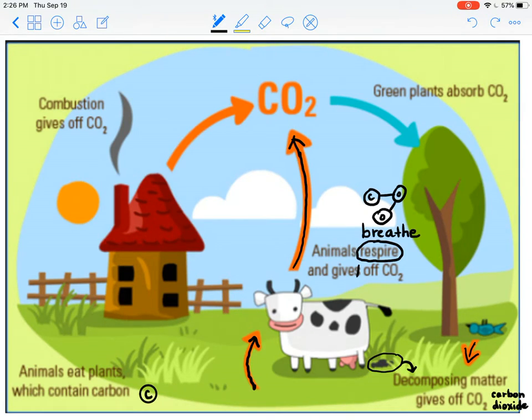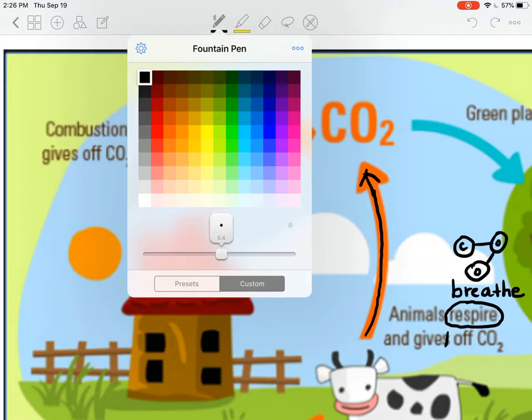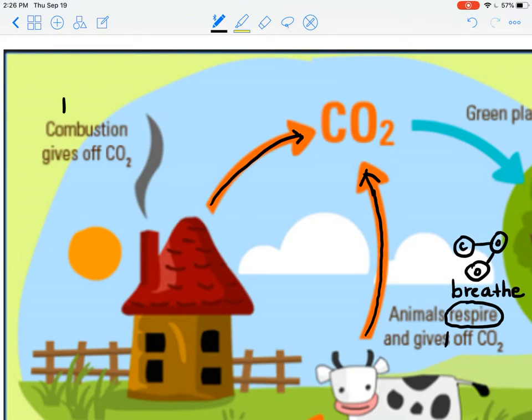Okay, there's another way that carbon dioxide is coming up into the air, and that has to do with this. Combustion, which is burning, loosely translated. Burning gives off CO2. So not only is the fireplace in this house giving off CO2, driving our cars is giving off CO2.